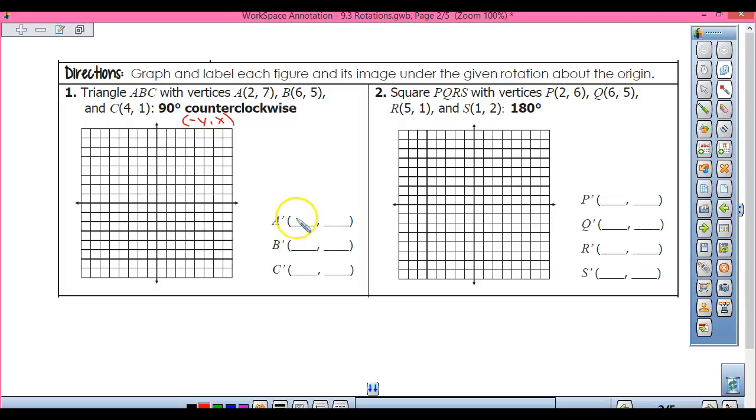So A prime is going to be 7 turns into negative 7. And does x change? No, but it moves to the y position. So negative 7, 2. B, the 5 goes to the y position and becomes negative, so that gives us negative 5, and the 6 stays the same, it just goes backwards 1.